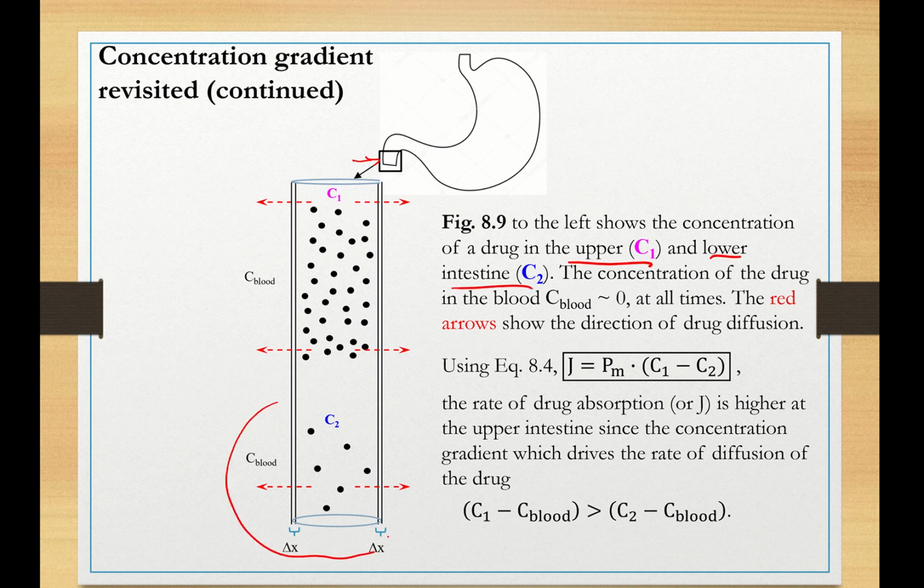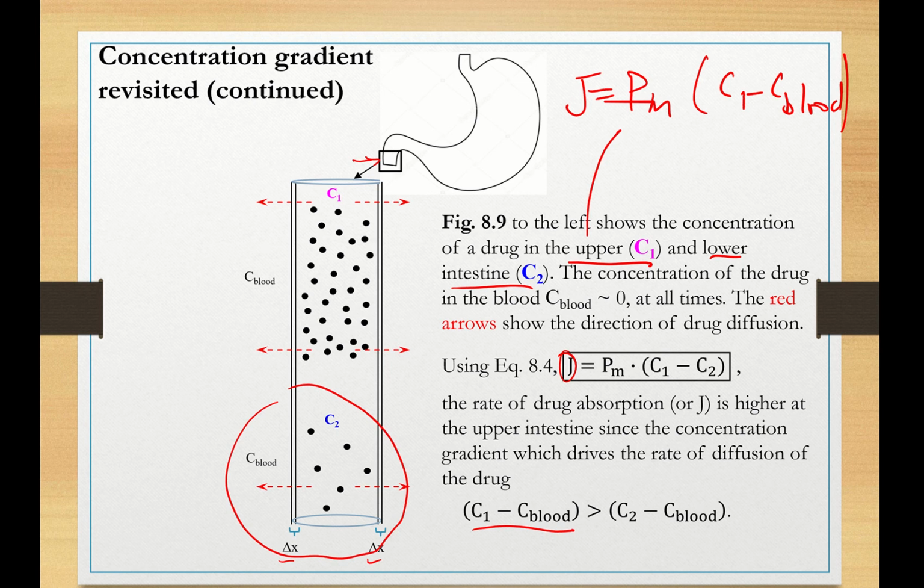The thickness of the membrane is delta X, and since J, the flux, is equal to PM times C1 minus C2, in the first case, for the upper portion of the membrane, J is going to be equal to PM times C1 minus C blood. And for the lower part of the membrane, J is going to be equal to PM times C2 minus C blood.